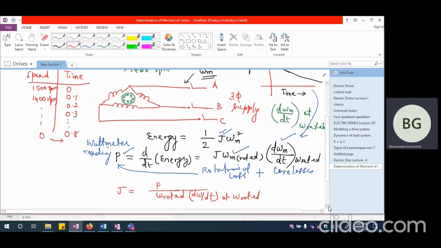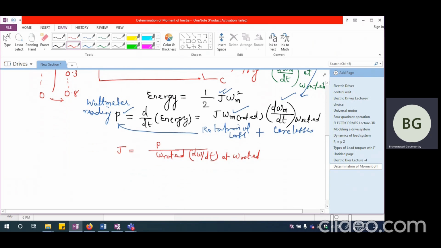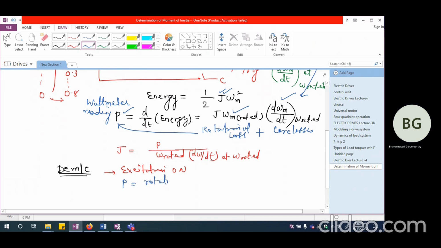If you really want to do this accurately, then one way of doing it is, if it is a DC machine, you should keep the field system still on. So excitation should be on. And if you have the excitation on, the loss here will consist of rotational losses plus armature losses.